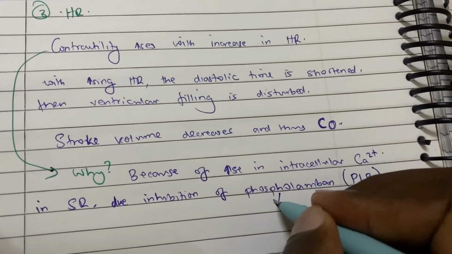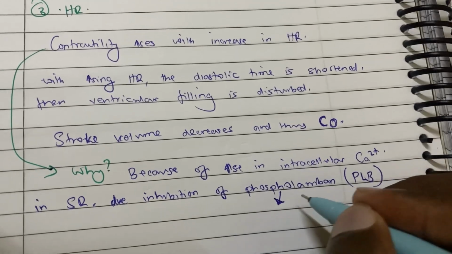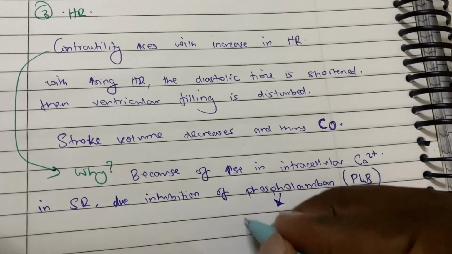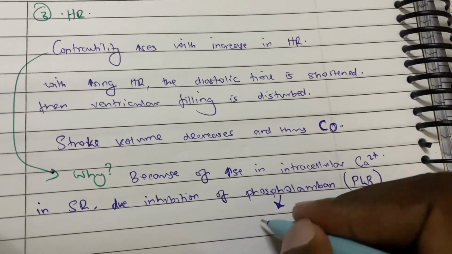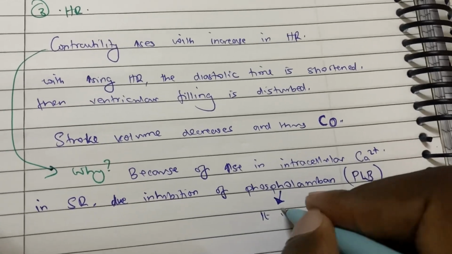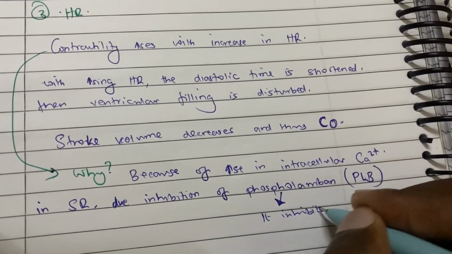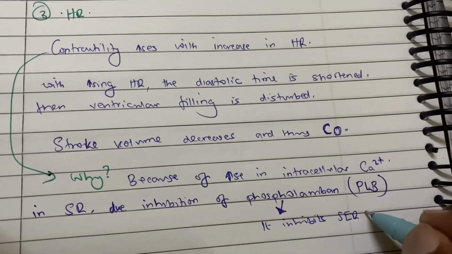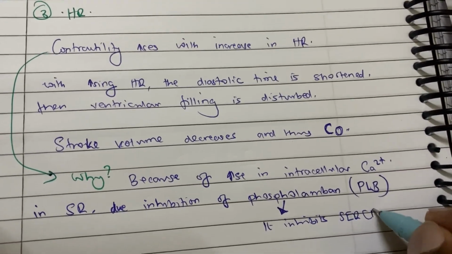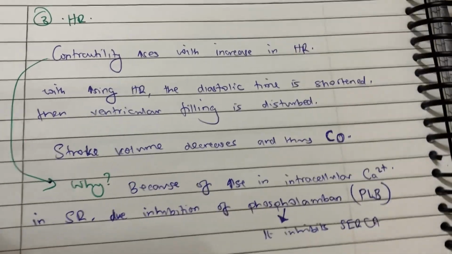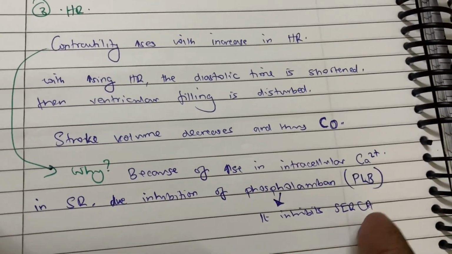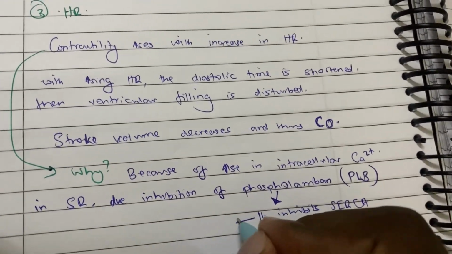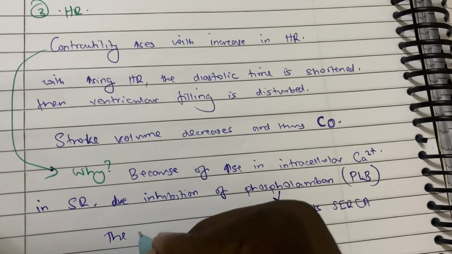So in normal heart rate, phospholamban inhibits SERCA, the sarcoplasmic endoplasmic reticulum calcium ATPase. It inhibits.